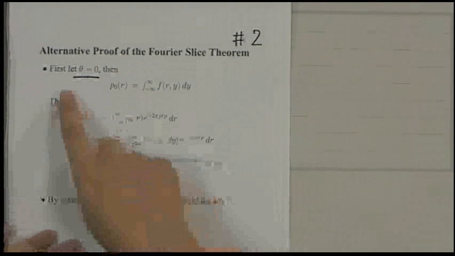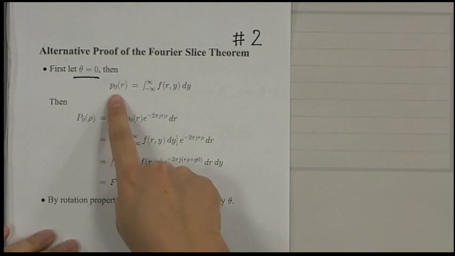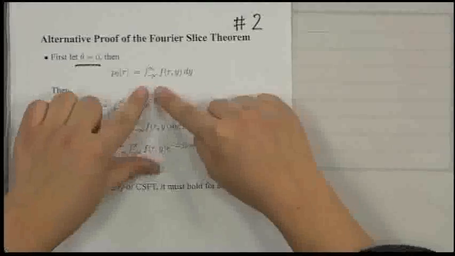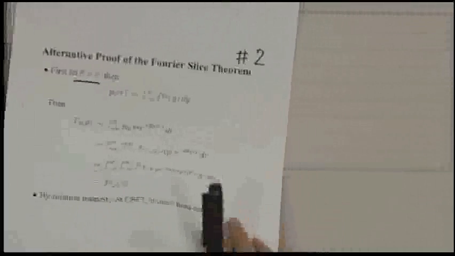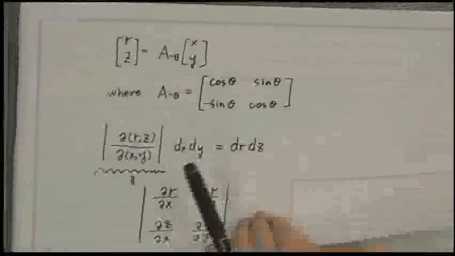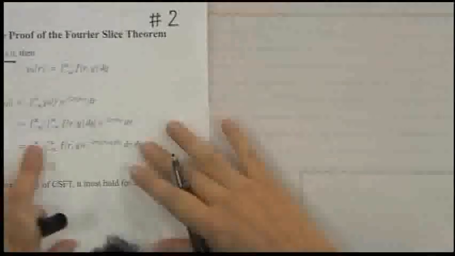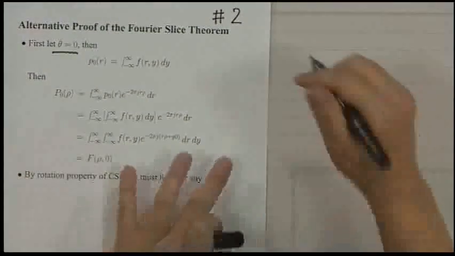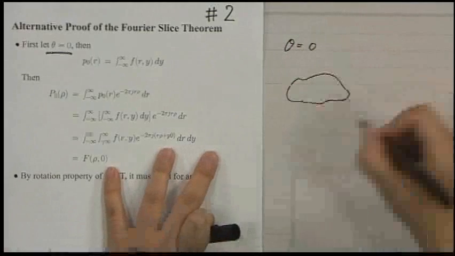If we consider theta equals 0, then the projection can be expressed in this form. The reason is like this. Right now we consider theta equals 0, so we have an object.